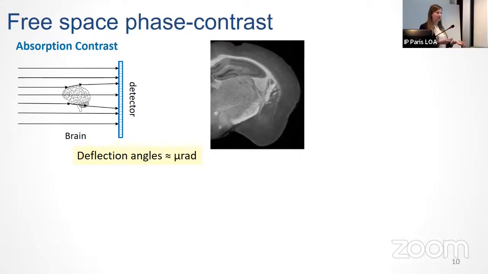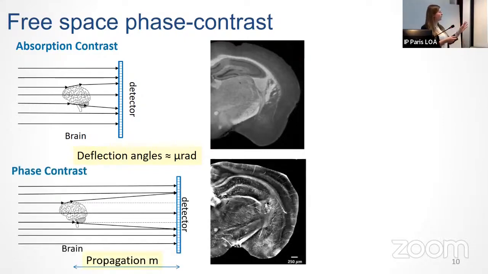To be able to visualize them, we put the detector much farther, and we can appreciate the deflection introduced by the sample on the X-ray beam. As you can see, the image of the brain becomes much clearer, and we can appreciate many more structures inside.